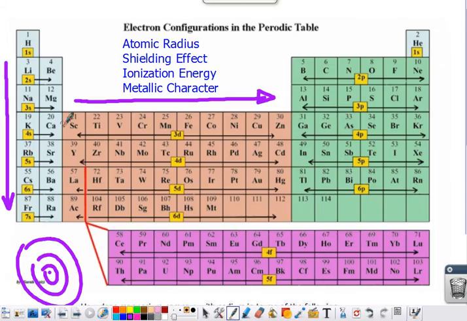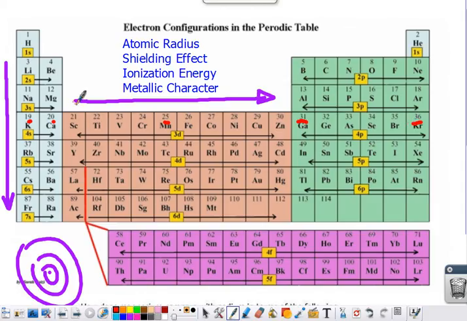As we go across the periodic table, we are the same approximate size. All of these elements are on the fourth level, so this approximate size doesn't change. But what does change is the number of protons: 19, 20, 25, 31, 36.